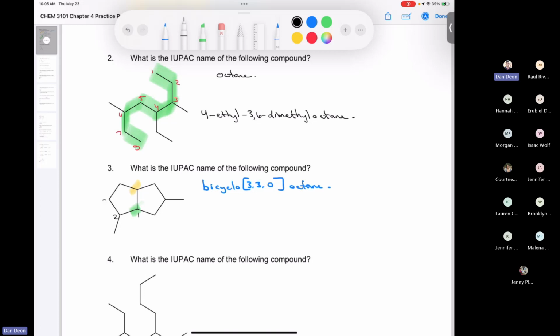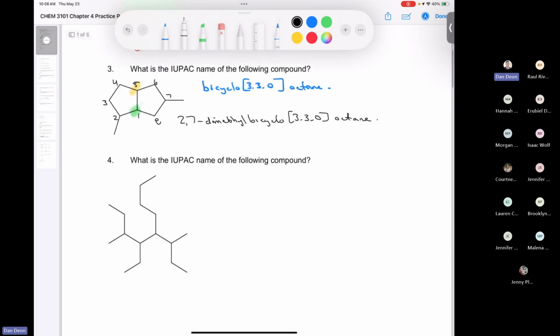So we go 1, 2, 3, 4, 5, 6, 7, 8. So we have a 2, 7 dimethyl. So we'll put that in. We've got 2, 7 dimethyl bicyclo 3, 3, 0 octane. Just like that, 2, 7 dimethyl bicyclo 3, 3, 0 octane.